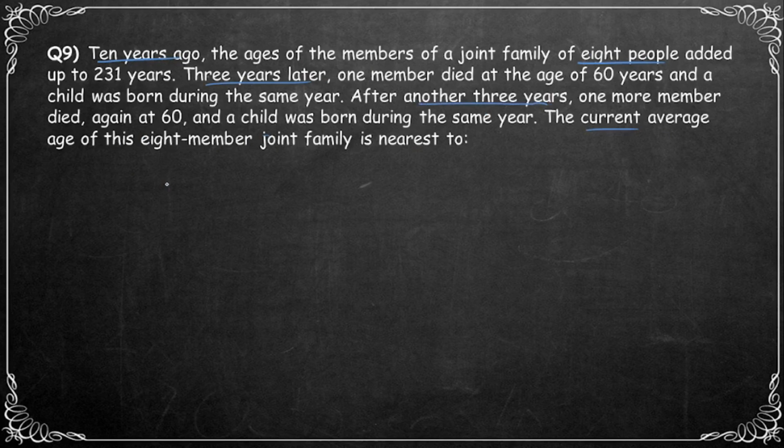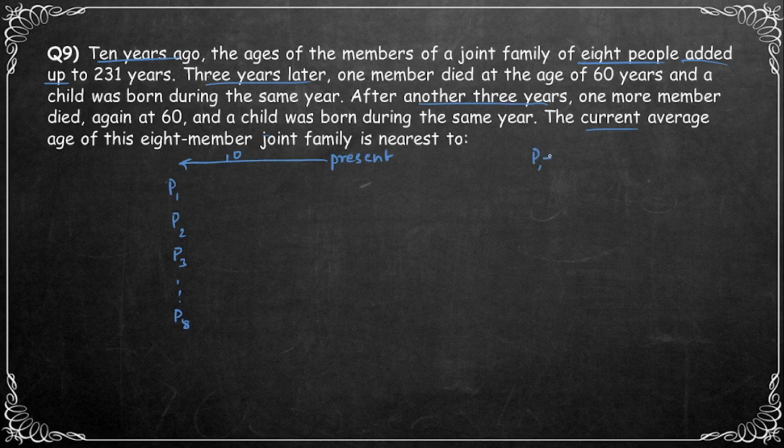Okay, let us take the 8 people as person 1, person 2, person 3 till person 8. Now 10 years ago, that means 10 years in the past from present, let's say their ages are P1, P2 till P8. Now they added up to, that means the sum of these is equal to 231.